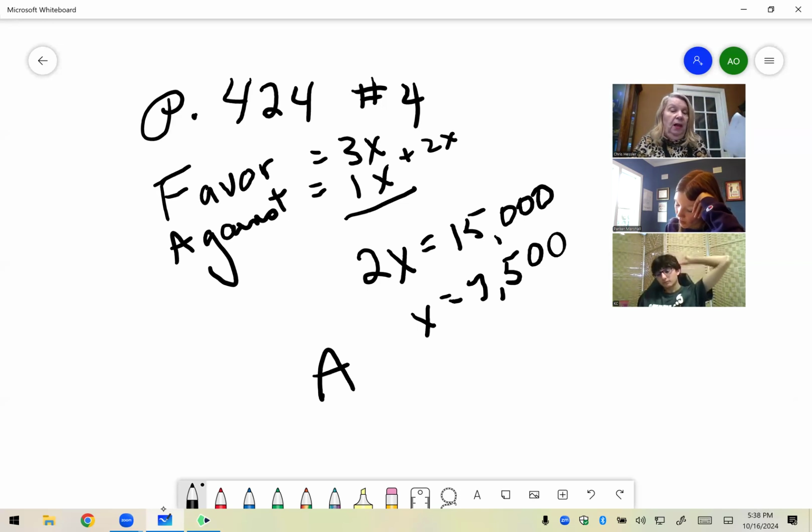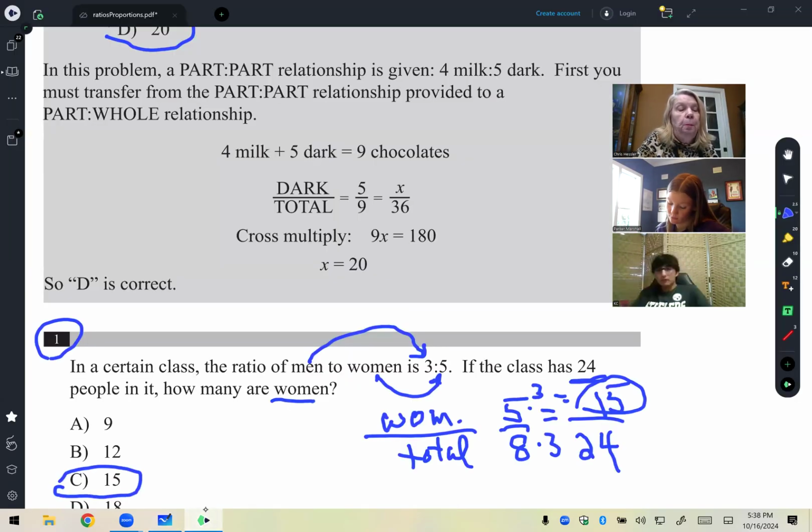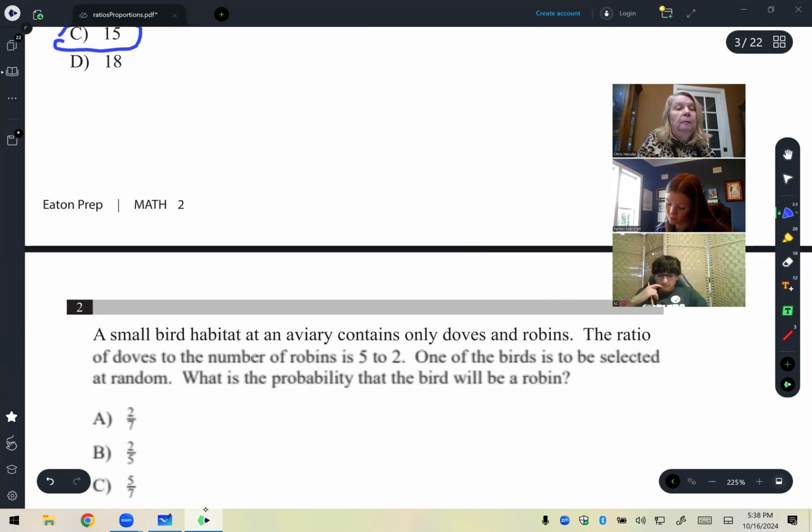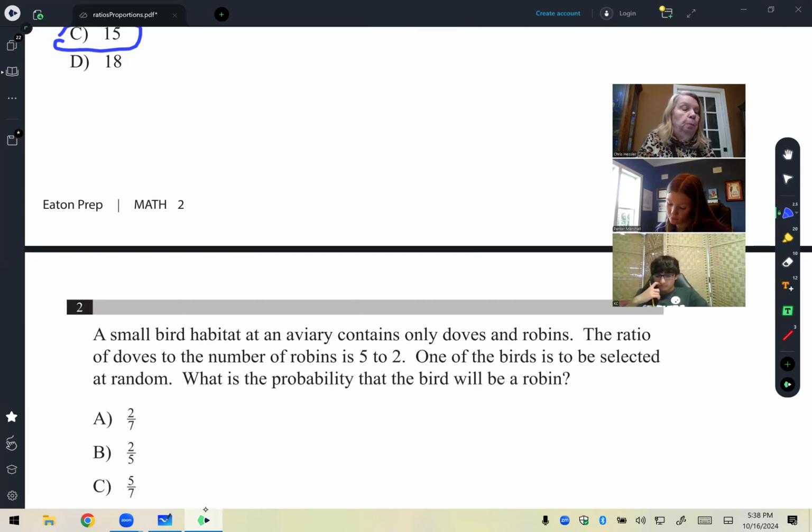Page 3 in the packet. A small bird habitat at an aviary contains only doves and robins. So doves is the 5, robins is the 2.